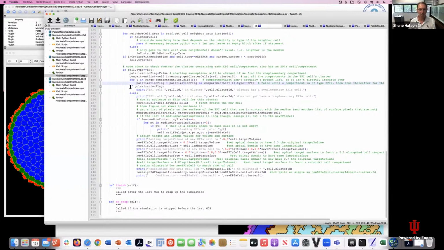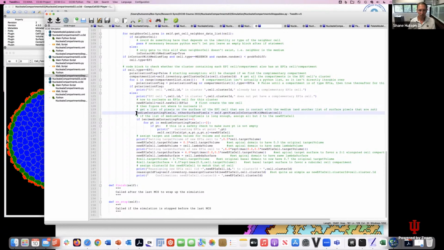And so this is then checking, all right, if that flag is true, well, great. That epi cell already has a complementary epi cell, and we'll print that out just to keep track of it. If it's not polarized, if we get here and polarization flag was still false, well, we'll print something out about that. We will make a new epi cell, right? So we'll self.new cell there.